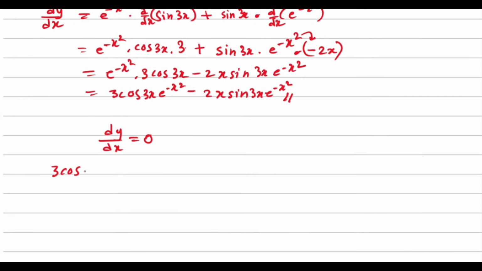We can write dy by dx is equal to 3 cos 3x e to the power of minus x square minus 2x sine 3x e to the power of minus x square. This is equal to 0.